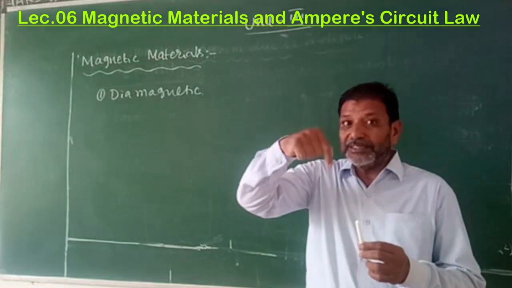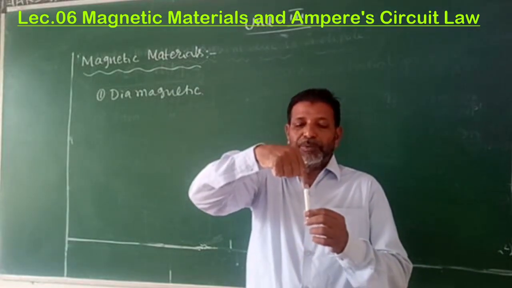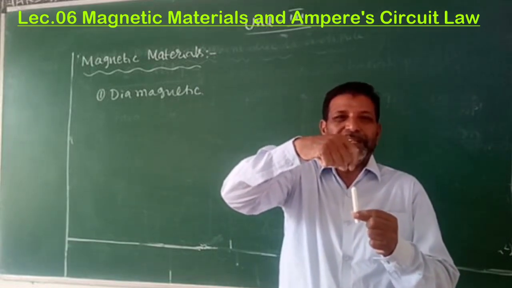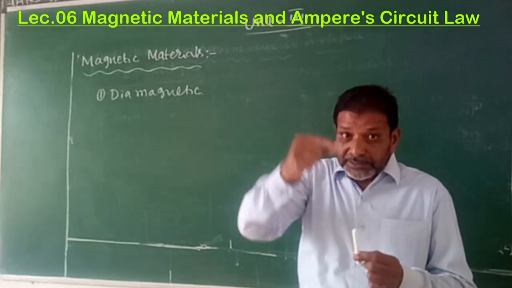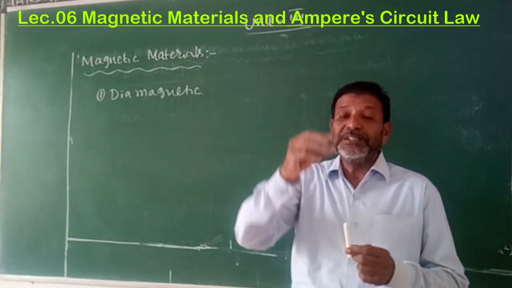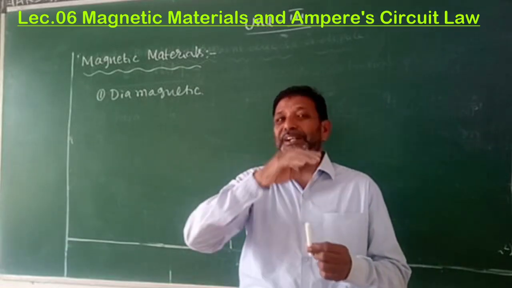Then steel, as I gave the example of a screwdriver made of steel, when you put it on the nail, it gets attracted slightly. So steel also has some magnetic property, less. That means there is less magnetic moment present in it.